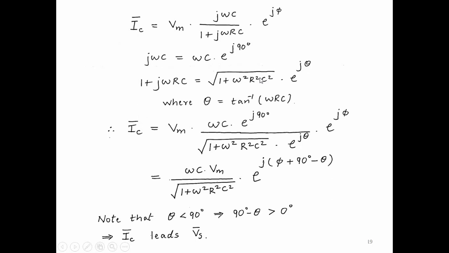All your scientific calculators have a way of converting directly from rectangular to polar and polar to rectangular, so you'll have to learn it for your own calculator. For example, for a calculator you need numbers, so let's say 1 plus j5.